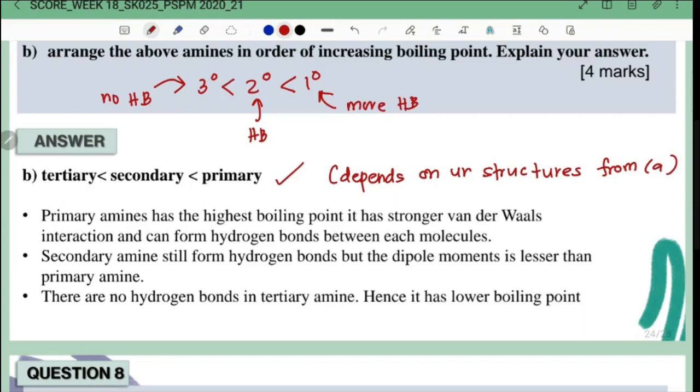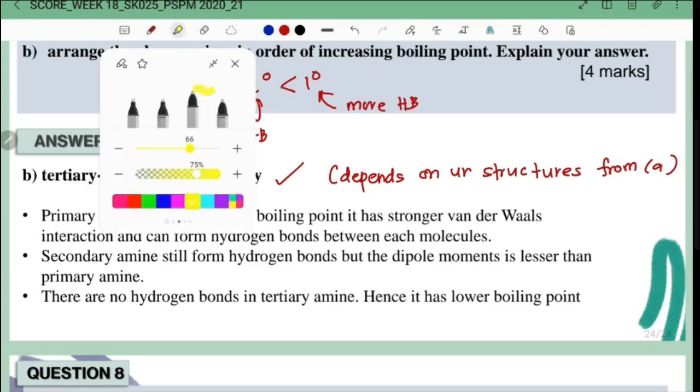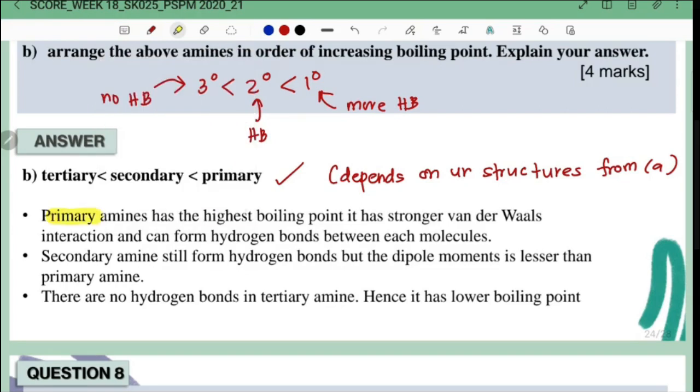From A. Then we mention here the primary amine has the highest boiling point because it has stronger van der Waals interaction and can form more hydrogen bonds between their molecules. For me, I just take one point: can form more hydrogen bonds between their molecules. Secondary amine can form hydrogen bonds but the dipole moment is lesser than primary amine.